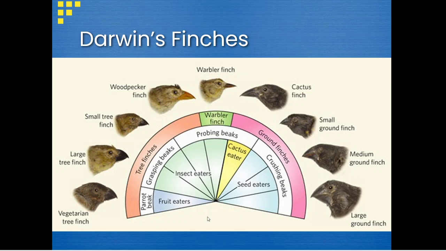He saw that there was a finch, which is a species of bird, but they were all different, and they developed and evolved different beaks, and why they did. We'll talk more about this as we look into his discoveries in class.